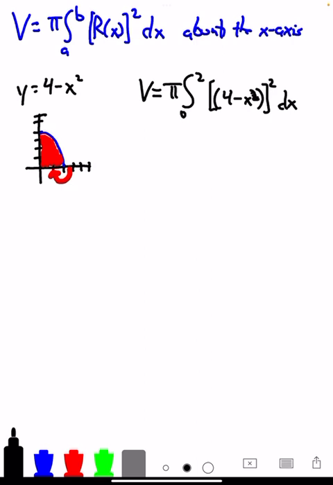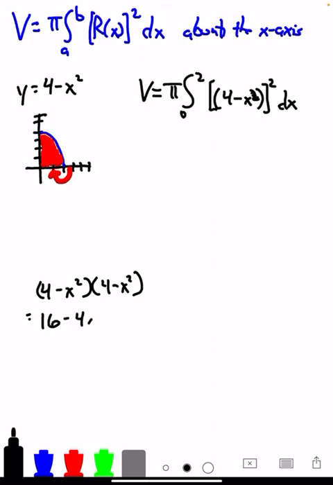Now, one thing I want to do, and I'm going to erase this later, is show the actual work. So we have 4 minus x squared times 4 minus x squared. And as soon as you see this, you're going to see the FOIL method. So, of course, our first terms are 4 times 4, which is 16.